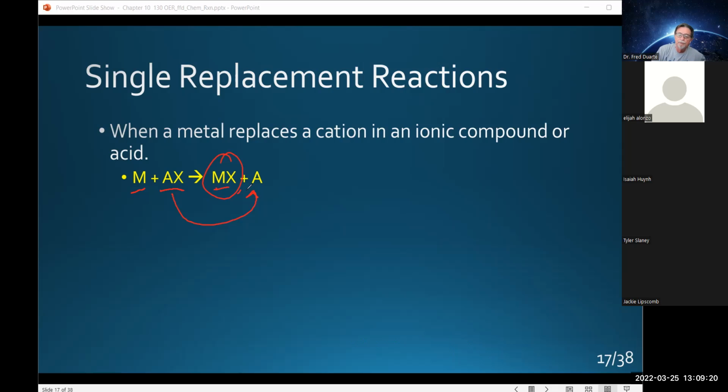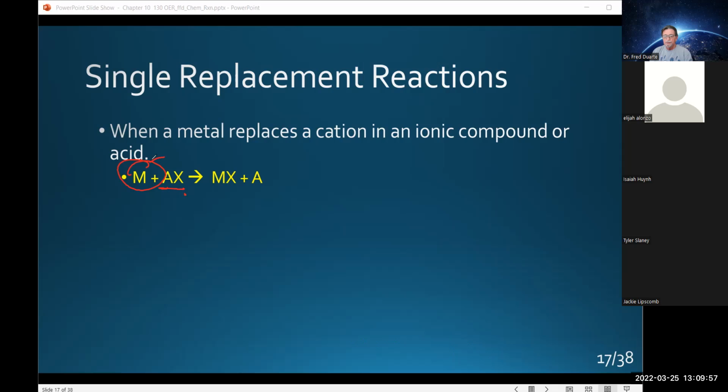All right, so what drives this is 2 things. One, the activity series, which is the listing of the metals that are relatively reactive to each other. Which one's more reactive? And the driving force is this: if we look at this general reaction, the metal in elemental form, in the presence of another metal in ionic form, is not in a stable state.